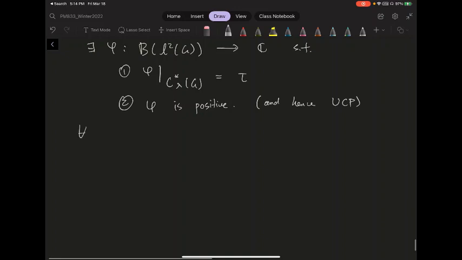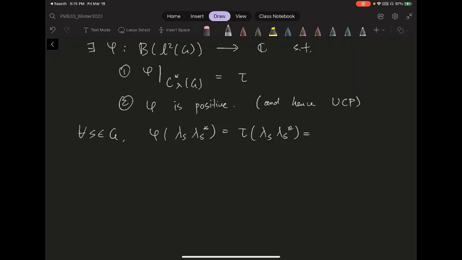So for every s inside G, consider phi of lambda s star. This is going to be equal to, because lambda s and lambda s star are in the reduced C-star algebra, tau of lambda s star.